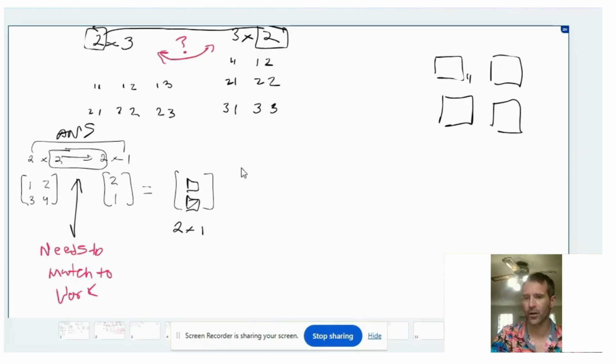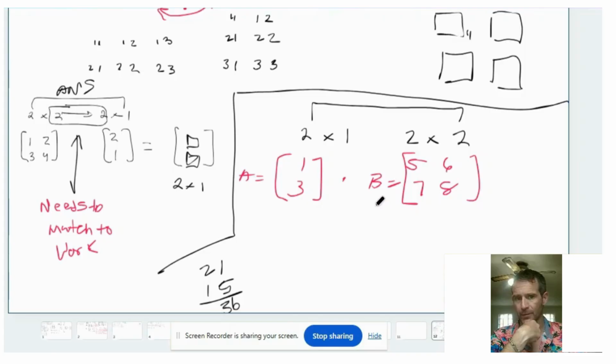There was one we did earlier, but it would not work. Remember that? So I was correct on that assumption. You can do B times A, you can't do A times B because these don't match. Let's go over this.